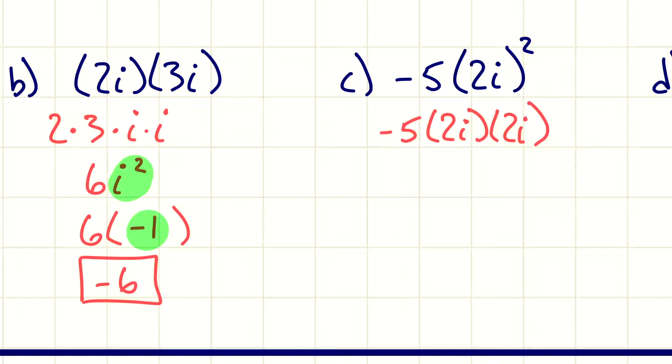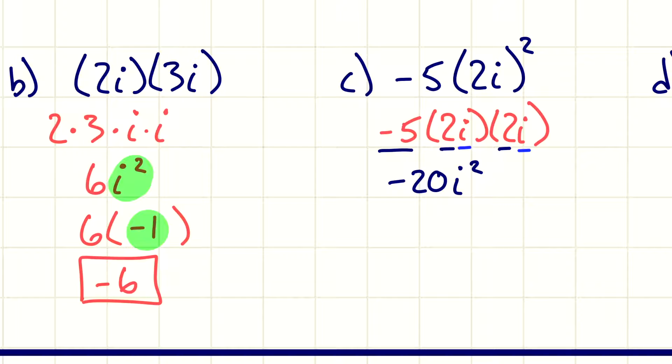So if you separate it, it kind of makes more sense. All we're going to do is really the same thing like we did over here. I'm going to multiply all the numbers. So I have a -5, 2, and 2, which gives us -20. And I have an i and an i that I can multiply, which gives us i squared.